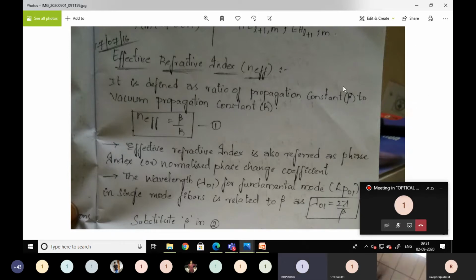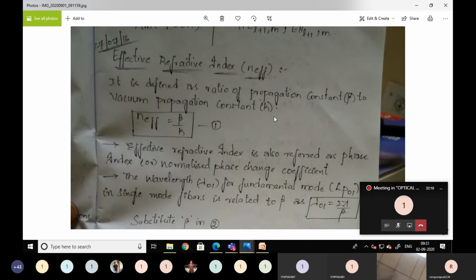Before this we discussed some parameters: one is the V number, the normalized frequency, and the second one is the cutoff wavelength, lambda c, and their values for single mode and multimode fibers. For step index and graded index fibers, we also discussed the number of modes. Now the next parameter is effective refractive index. So write down the definition.